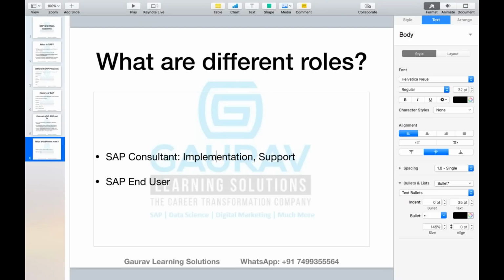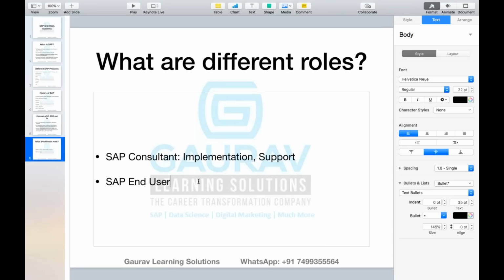So as a consultant, you will be responsible for implementation for new customers, and for support, which means whenever a customer gets any error or has any query, they will contact you and you need to provide the solution.